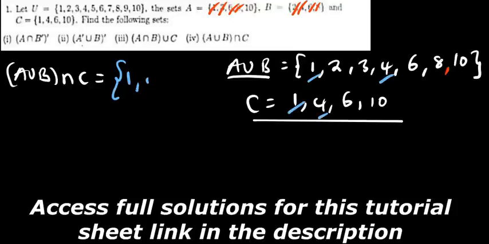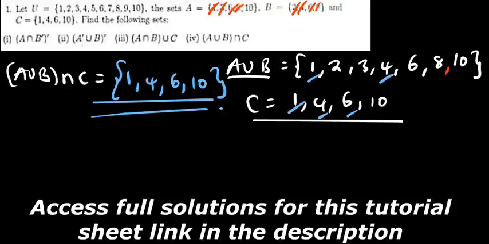So A union B in brackets intersection C should be equal to, let's see, 1 is found there, 2 no, 3 no, so we have 4, we have 4, we have 6, we have 6 and 10. So this is the answer for part 4.